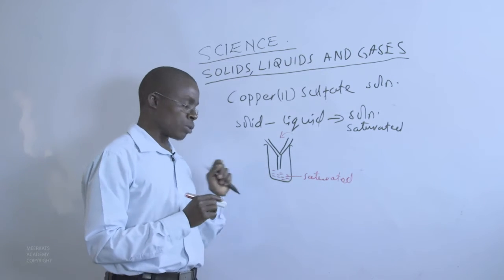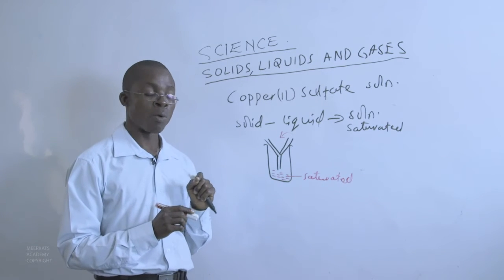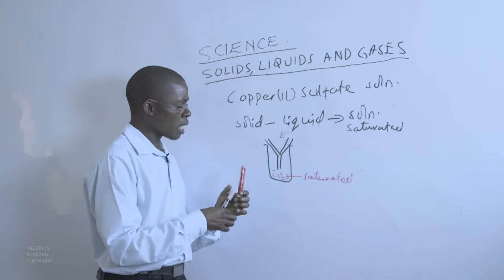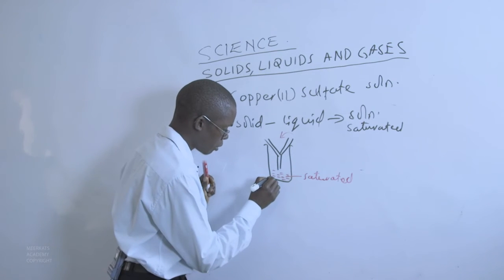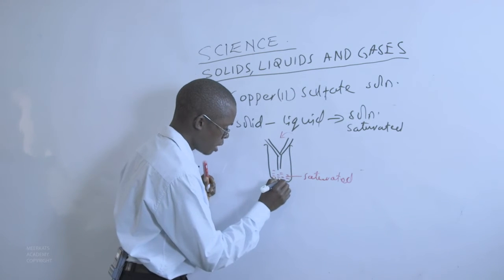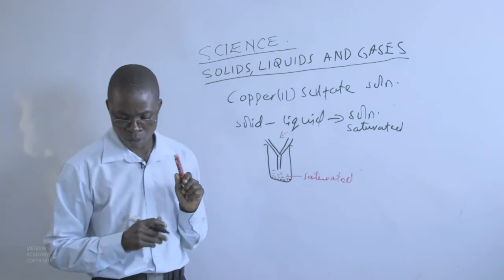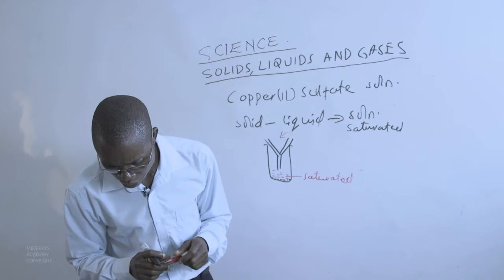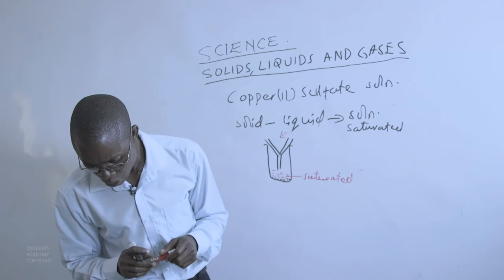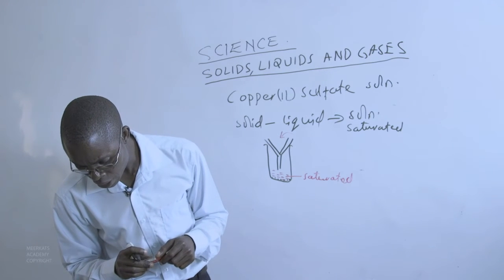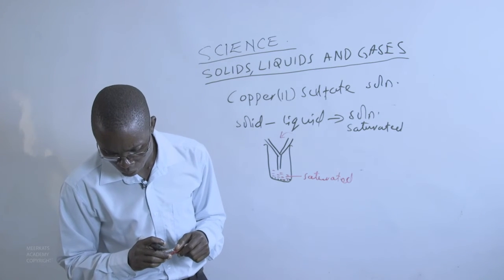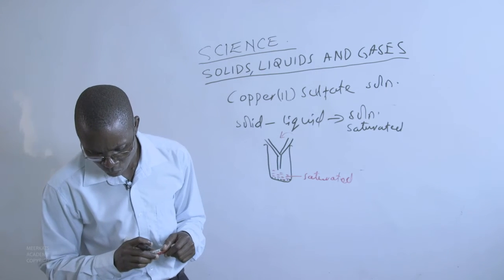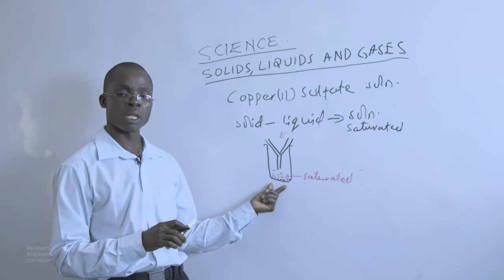On cooling this solution that has been filtered, what we call a filtrate, you discover that there are some solids, crystals, that are formed at the bottom of the container. As the statement reads, when a saturated solution of copper sulphate is first filtered and then cooled, blue crystals of copper sulphate form on the bottom of the container, as you can see here.